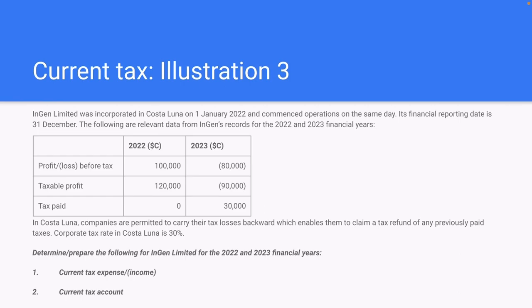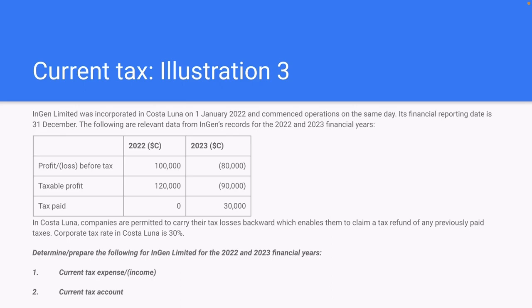And they've provided certain information below, certain data from Ingen's record. So it says PBT, taxable profit, and the tax paid for the year for 2022 and 2023. Next point here is that in Costa Luna, companies are permitted to carry their tax losses backward, which enables them to claim a tax refund of any previously paid taxes.